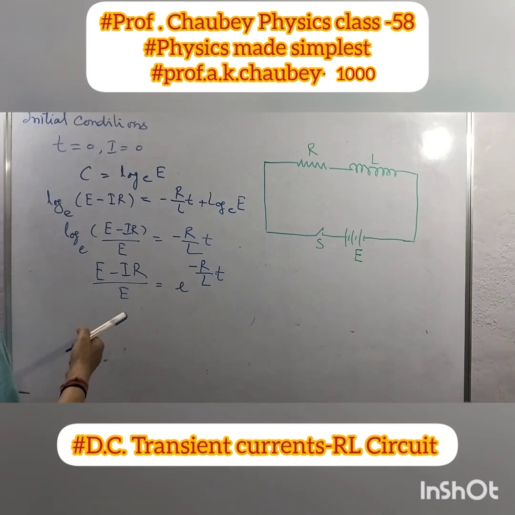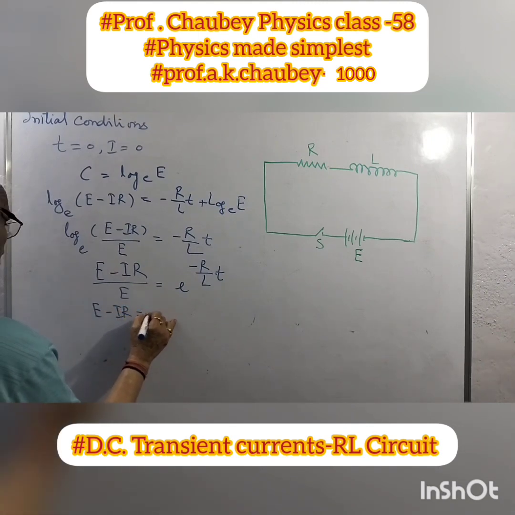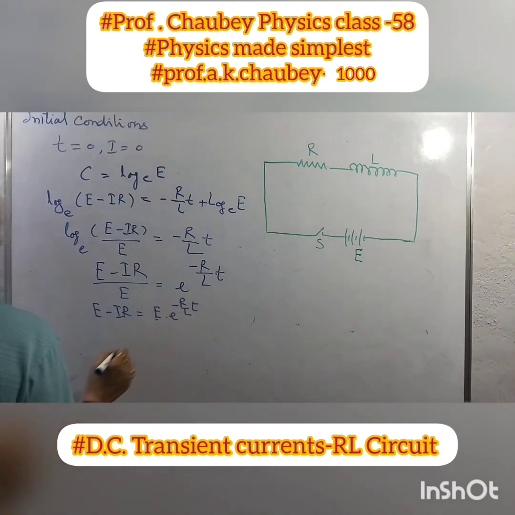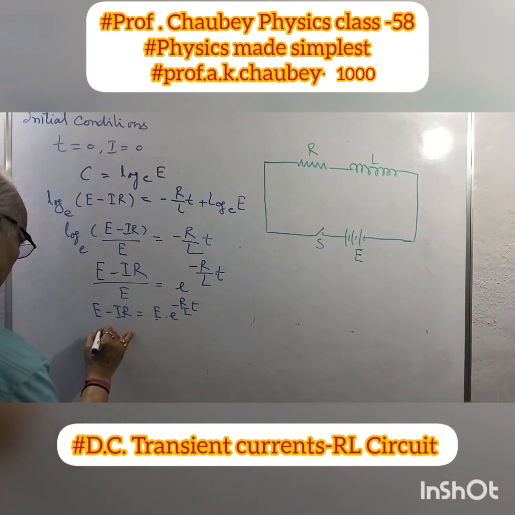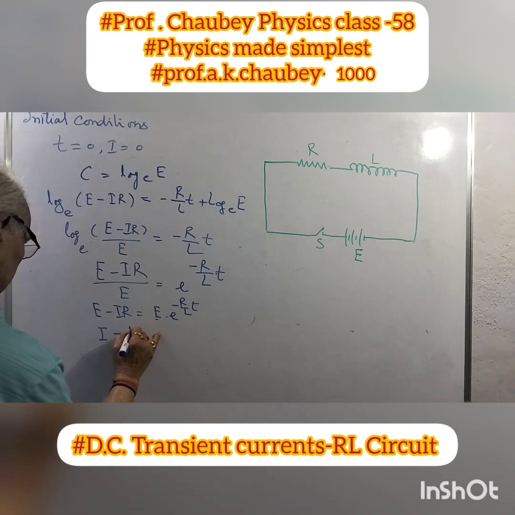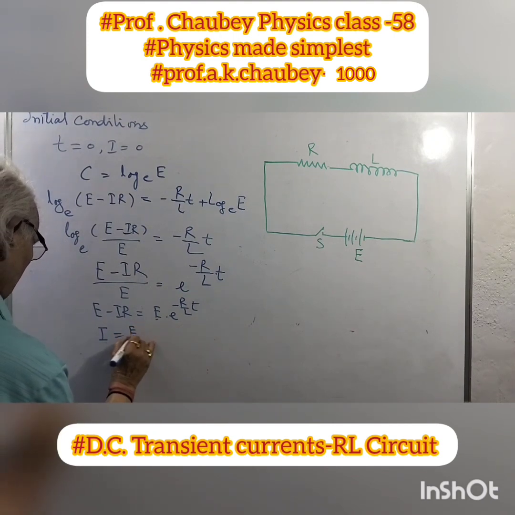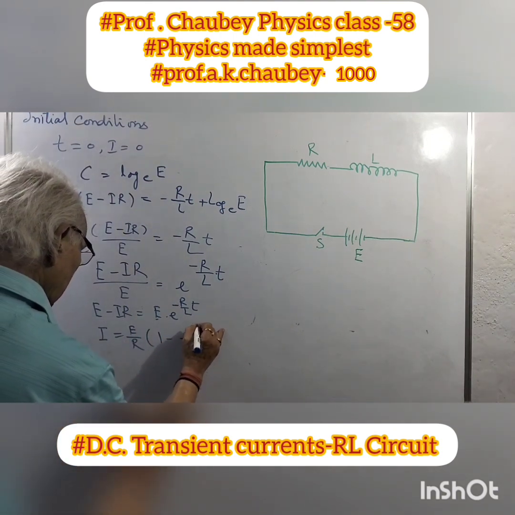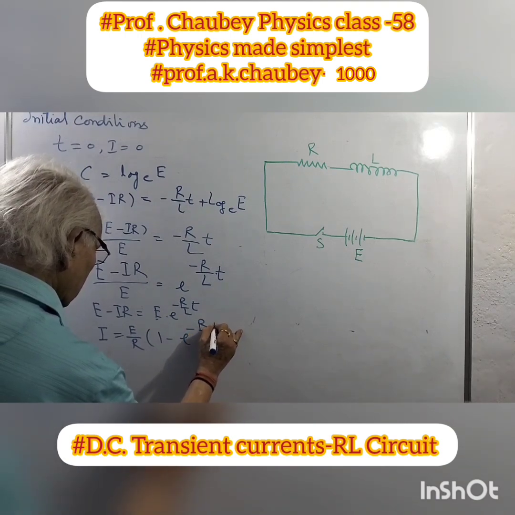Or you can write this E minus iR is equal to, so i is equal to, you get here, i is equal to E over R, 1 minus e to the power minus R by L into t.